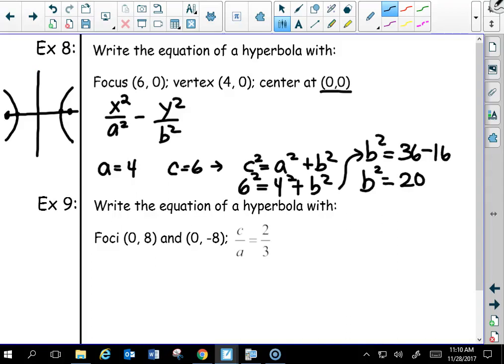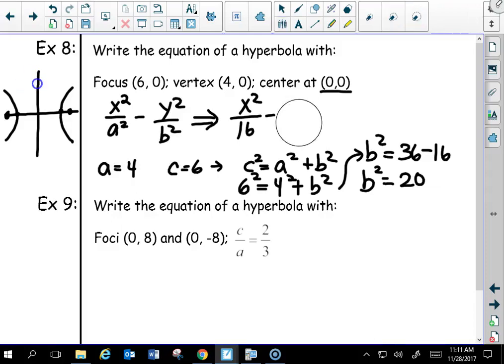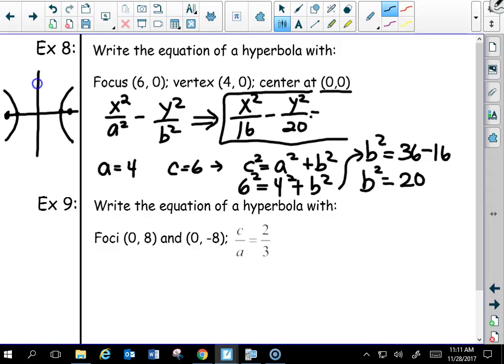So the equation of my hyperbola with the focus at (6, 0), vertex at (4, 0), and center at (0, 0) is going to be x squared over a squared, 4 squared, which is 16, minus y squared over 20. All right, done. Write the equation equals 1.